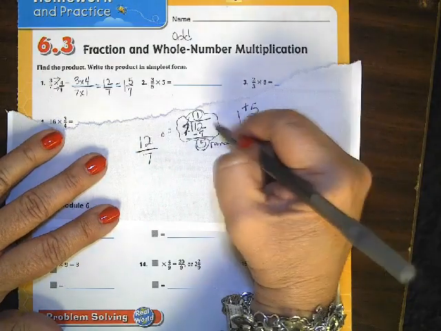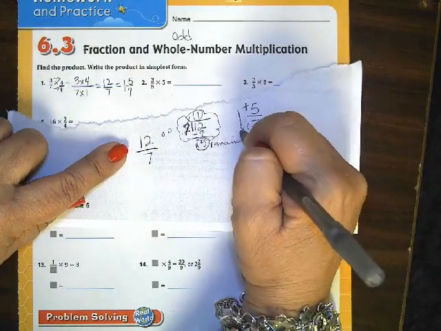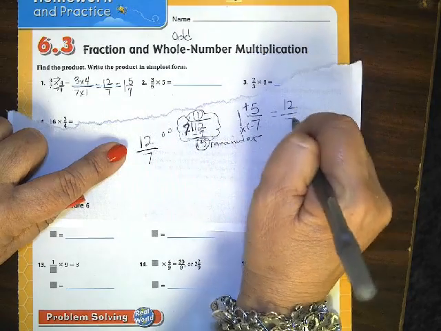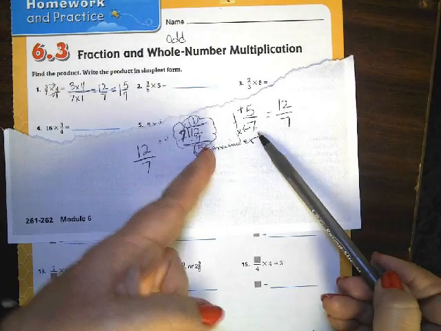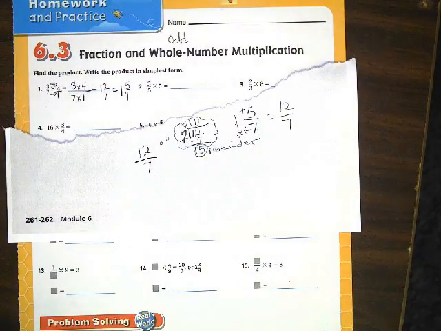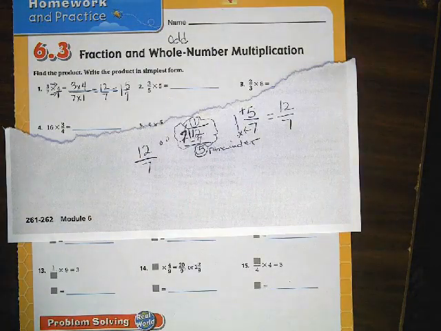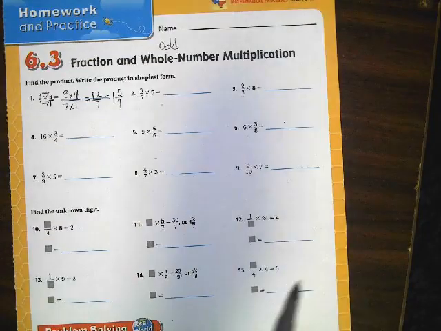And then I should end up with 12 sevenths again. So 7 times 1 equals 7 plus 5 equals 12 sevenths. So you can see that I can move it from my mixed number, a whole number plus my fraction, back into an improper fraction. And that's how you can check to make sure your work is right.